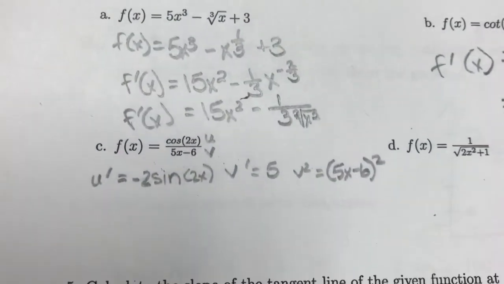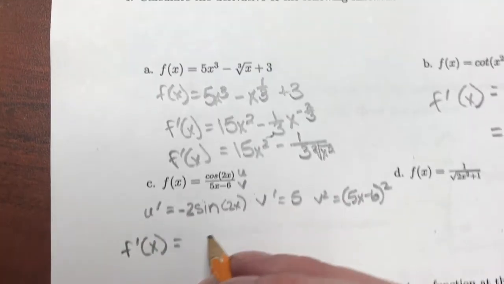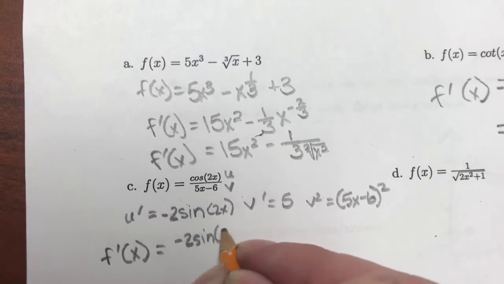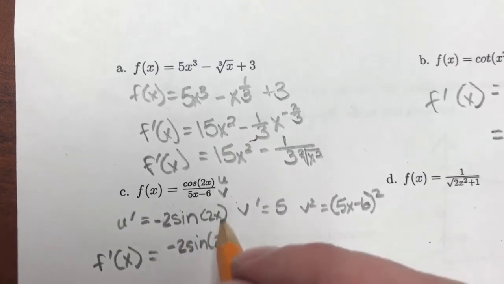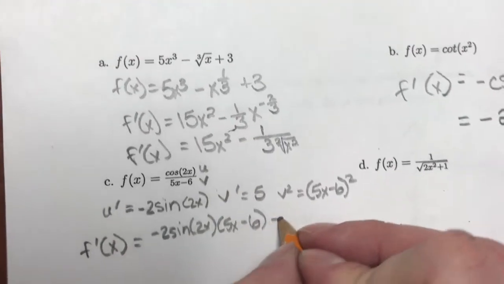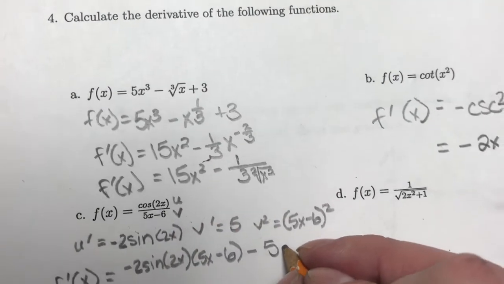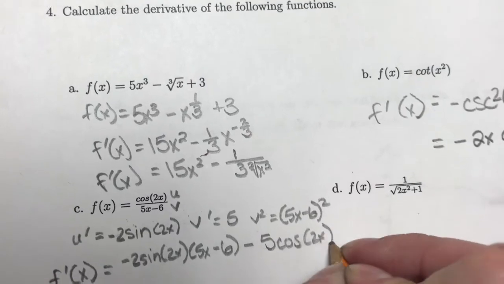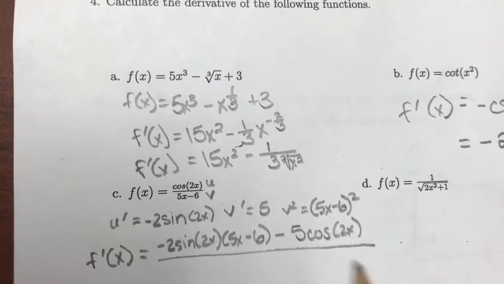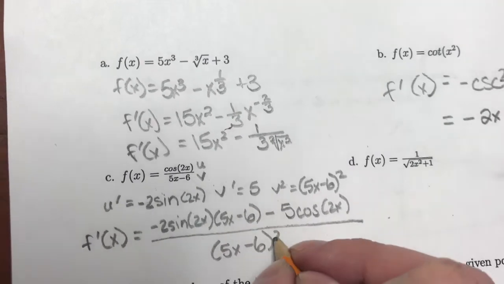Okay, F prime is going to be U prime V, so U prime is that ugly guy right there, negative 2 sine 2x, times V, which is 5x minus 6, minus V prime, which is 5, times U, which is cos 2x, all over V squared, which is 5x minus 6 squared.